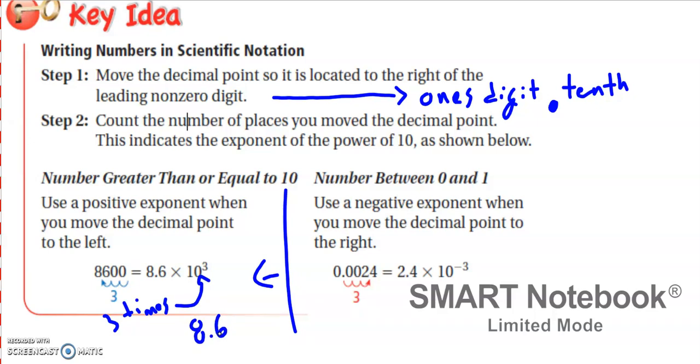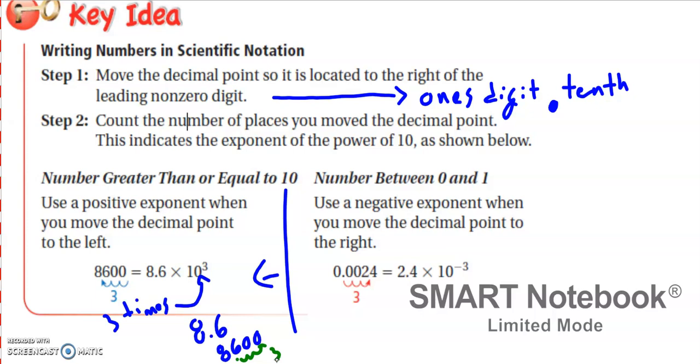You can have hundredths, thousandths, so on and so forth in the decimal, but we need to have only a ones digit, and then as many decimal digits as we want. I would say, okay, how many times would I have to move the decimal to get back to 8,600? So if I have 8.6 and I want to get it to 8,600, I would have to move it 3 times. I have to go 1, 2, 3. So that's how we get a positive 3.